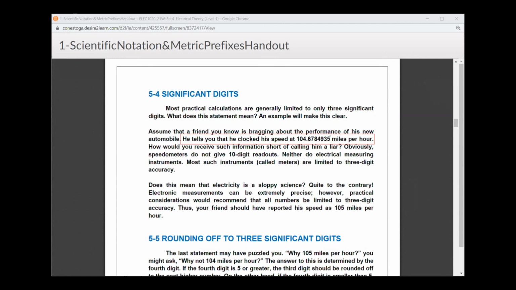So in this instance, you are not going to be getting a 10-digit readout. Also in electrical measurements, you're not going to be getting that many digits. Usually meters are limited to 3, 4, or 5 digits max, because everything is rounded off.